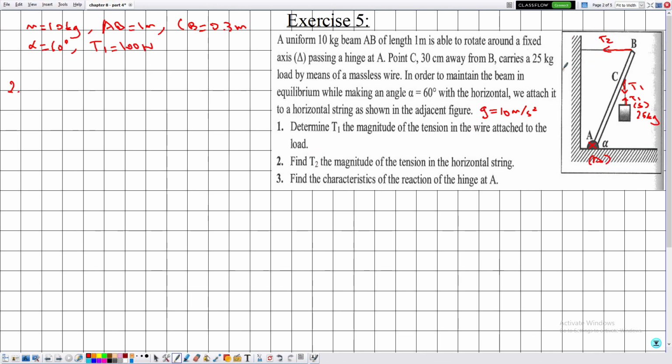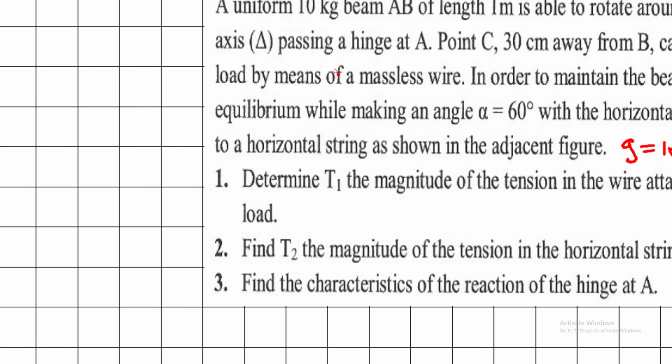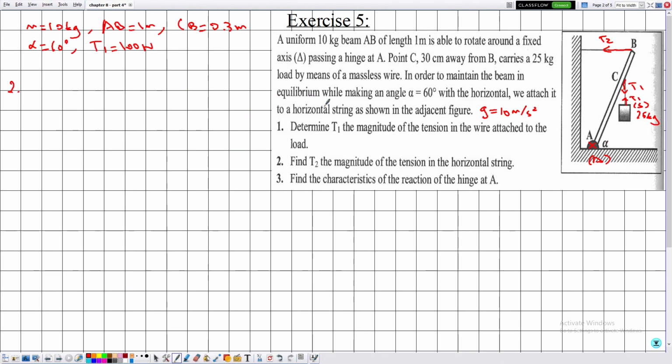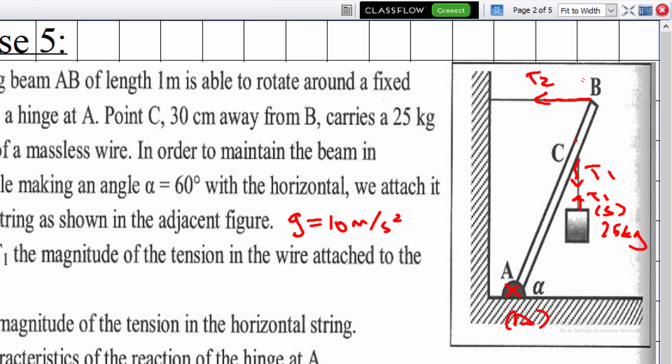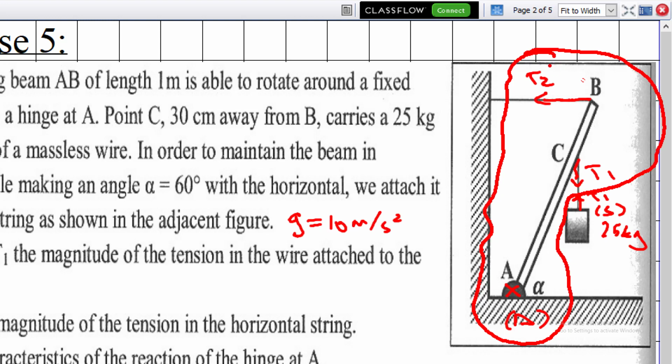So it is at equilibrium. Then in this case we can use two types of equilibrium, translational and rotational. Here which mass are we considering? We are considering the beam. So we can consider only the system that is subjected to which forces? To the tension T2, to the tension T1, and to the reaction at the point A.